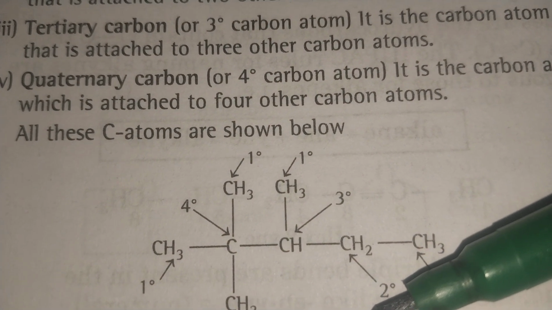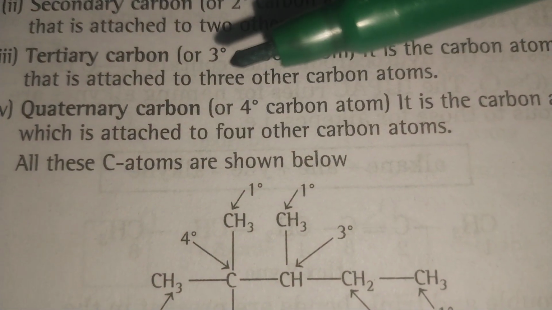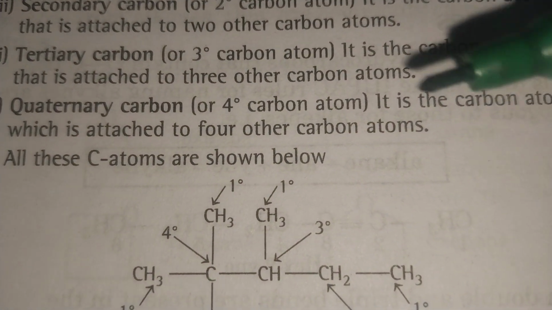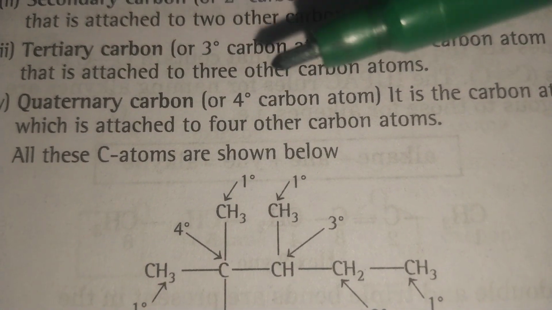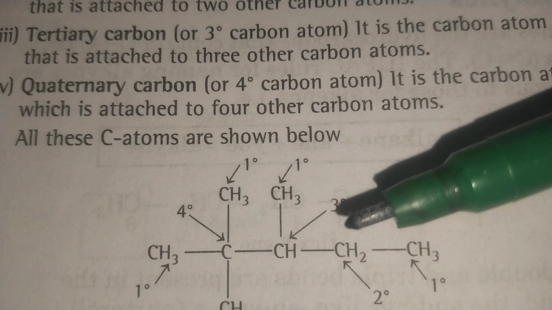Okay. Again, go for tertiary carbon, or you can say 3 degree carbon. It is the carbon atom that is attached to 3 other carbon atoms. You see, this is a tertiary carbon atom.